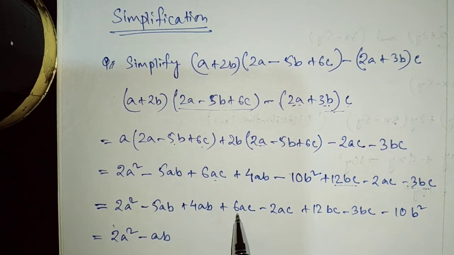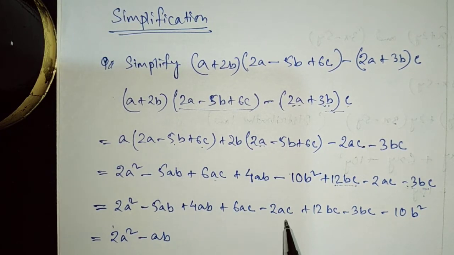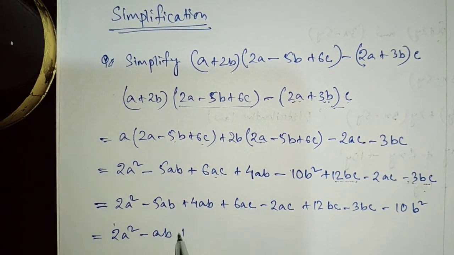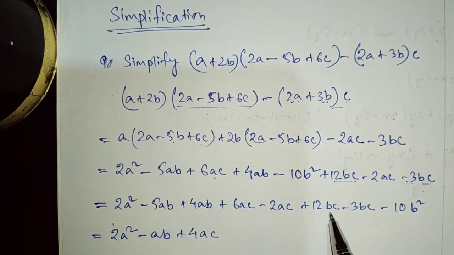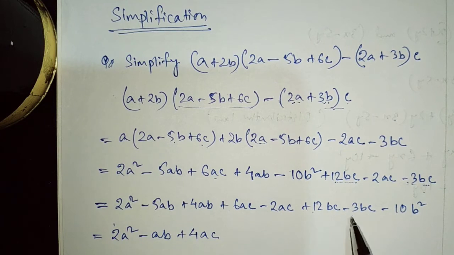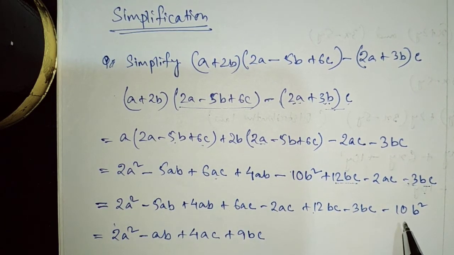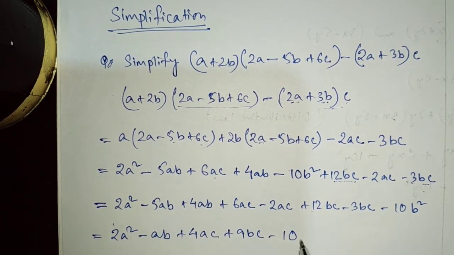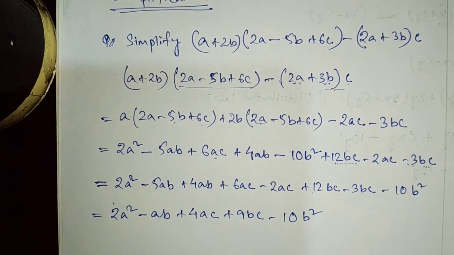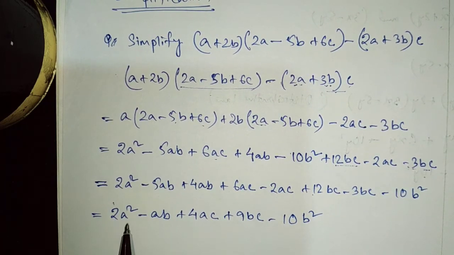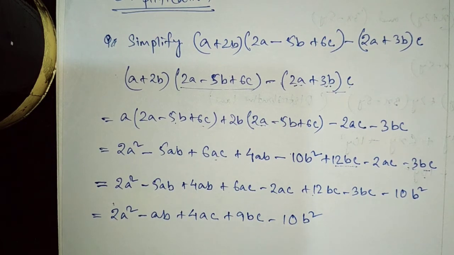Then we have 6ac minus 2ac. 6 minus 2 will be 4, so plus 4ac. Then 12bc minus 3bc. 12 minus 3 is 9, so plus 9bc. Then minus 10b square. So our final answer is 2a square minus ab plus 4ac plus 9bc minus 10b square.